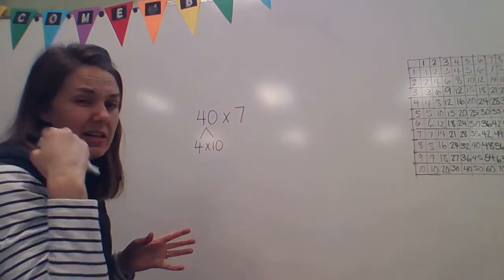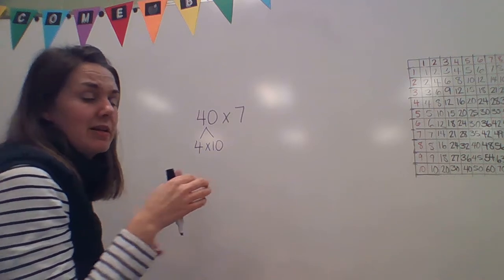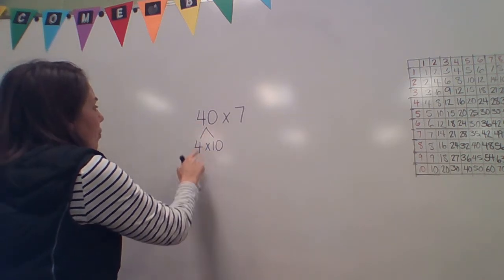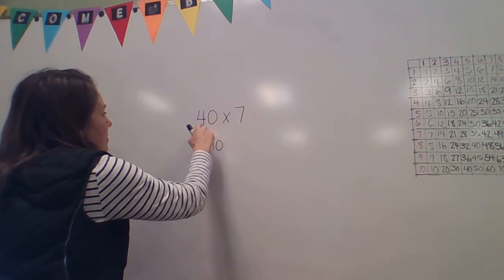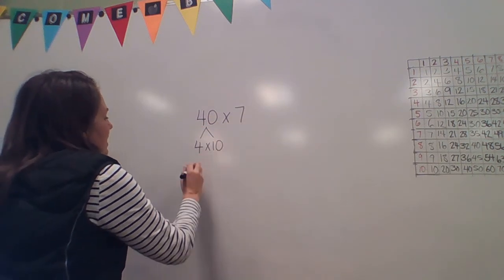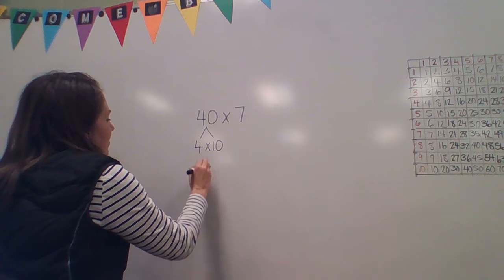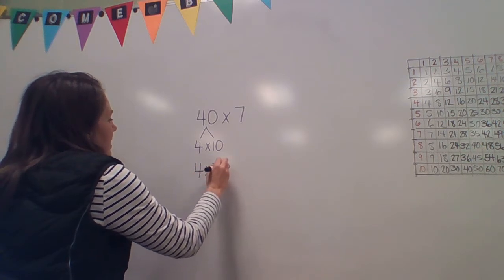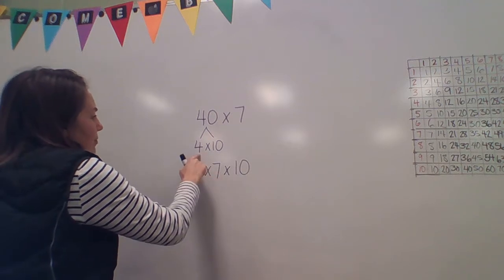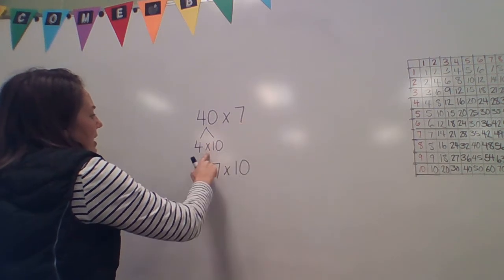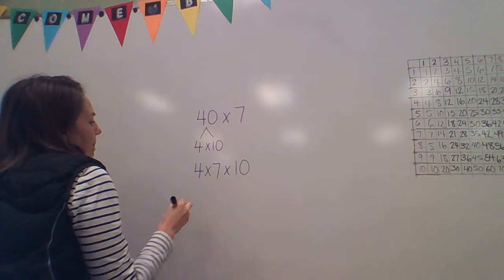You can see that my brain is kind of stuck in this one track where it does the same thing. I'm going to break apart 40 into 4 times 10. And then I'm going to rewrite my problem, but I'm going to put my 4 and my 7 together because I want to save 10 for the last because that's the easiest step for me. So now I have 4 times 7, and then times 10 here.